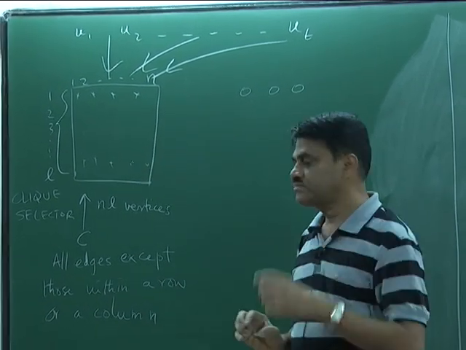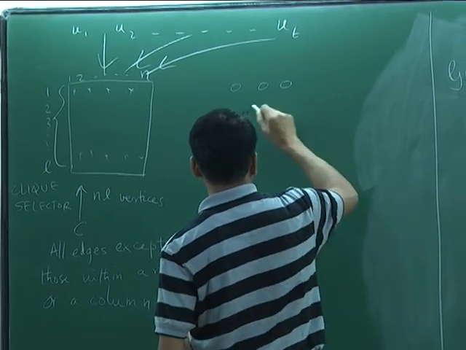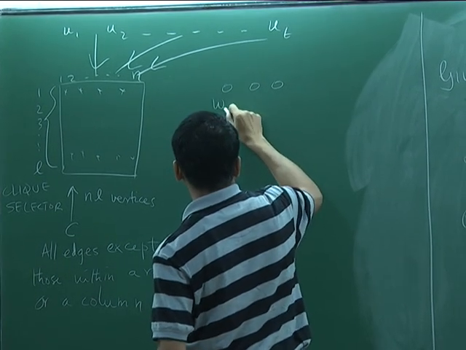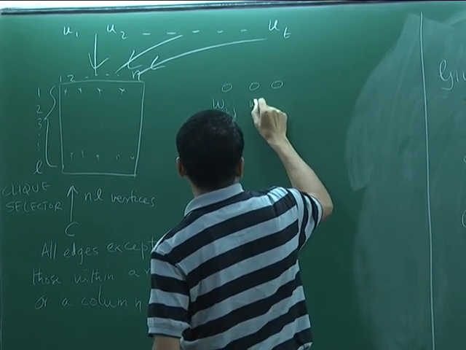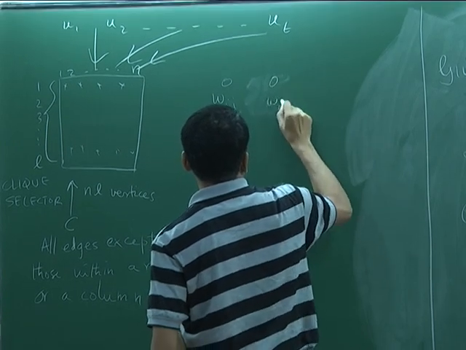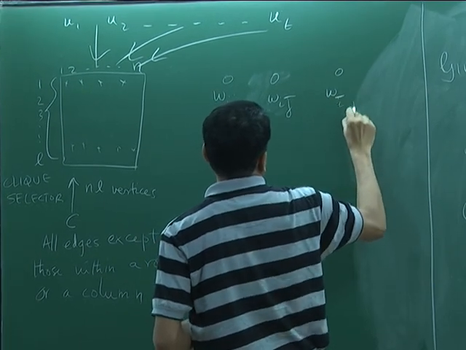Yep. Okay. And I have some Wij bar, let us call this, these are the edge selectors W, i bar, j.